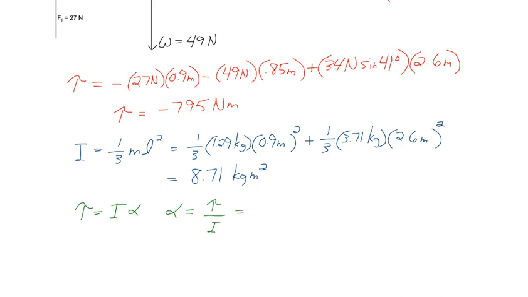And even if you got these two answers wrong, as long as you give me the answer for part A and divide it by your answer for part B, you'll get the 10 points for part C, because I would have already taken off the points in A and B. So you're going to get negative 7.95 Newton meters.